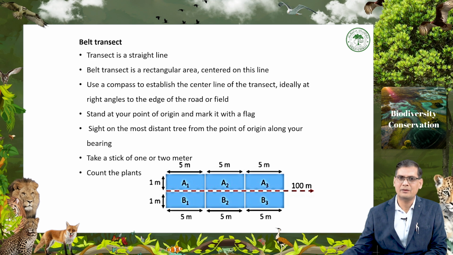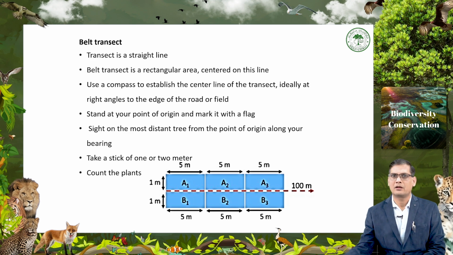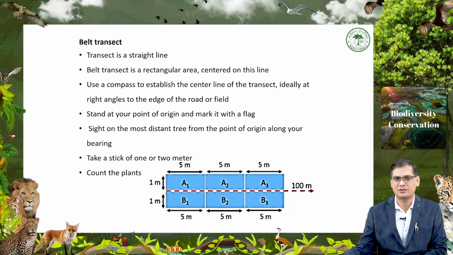The stick helps in determining whether the plant is inside or outside the rectangular belt transect or rectangular plot. Density will be calculated by dividing the number of individuals of a species by the total area of the plot. The total area of the plot can be calculated by multiplying the length of the transect with the width of the plot.